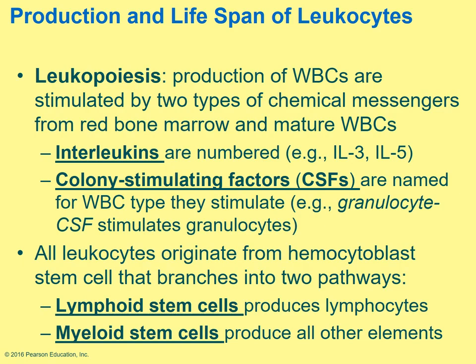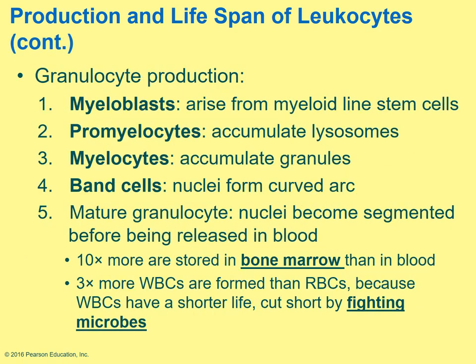Your lymphoid stem cells are going to produce the lymphocytes, and the myeloid stem cells produce all of your others. So with the granulocyte production, you have the myeloblasts. They arise from those myeloid stem cells. You get the promyelocytes, myelocytes, band cells, and then finally your mature granulocyte.